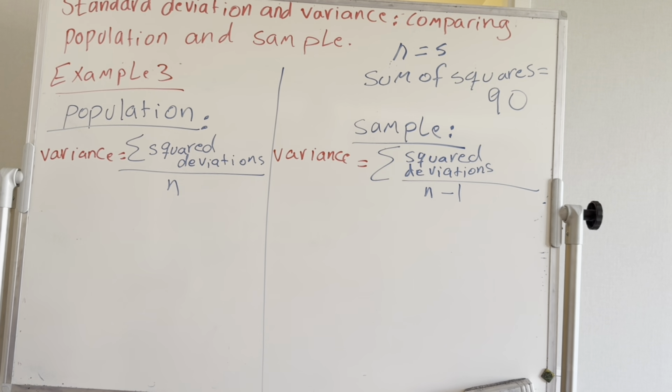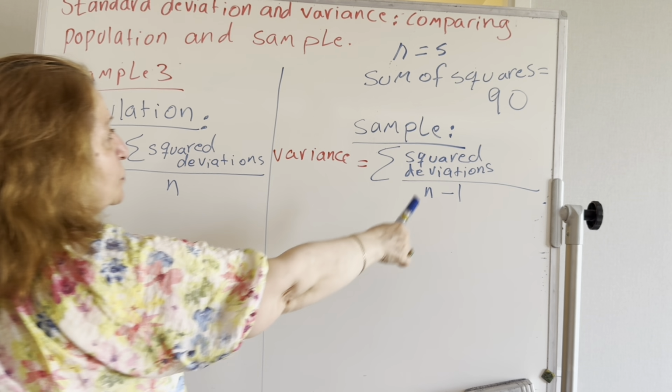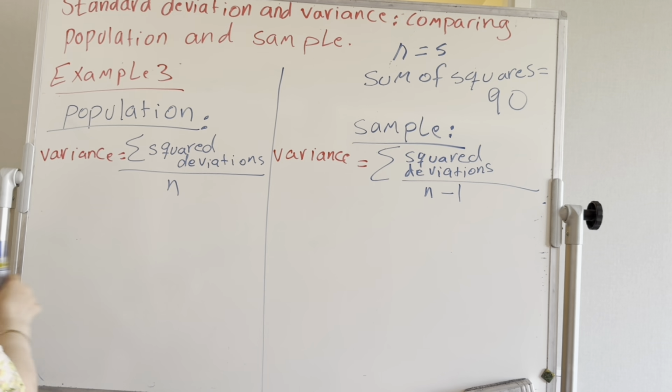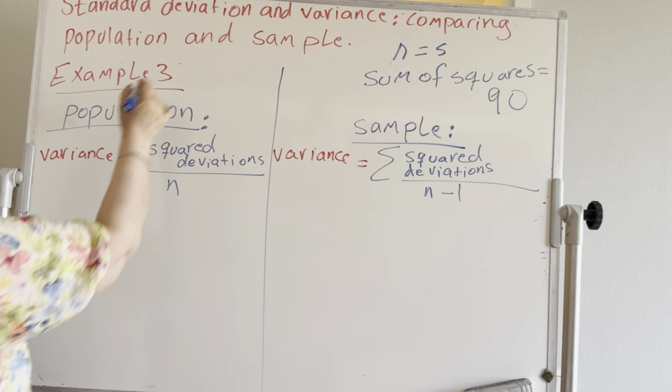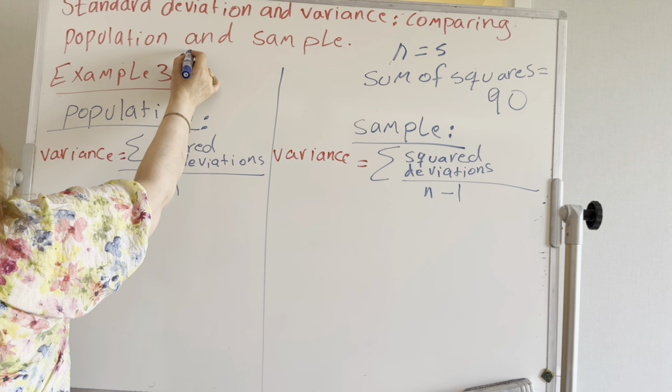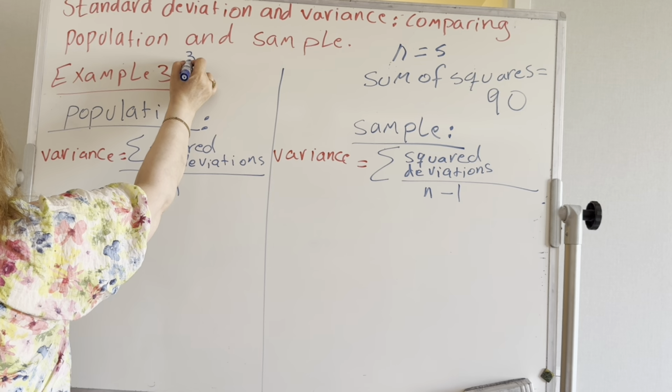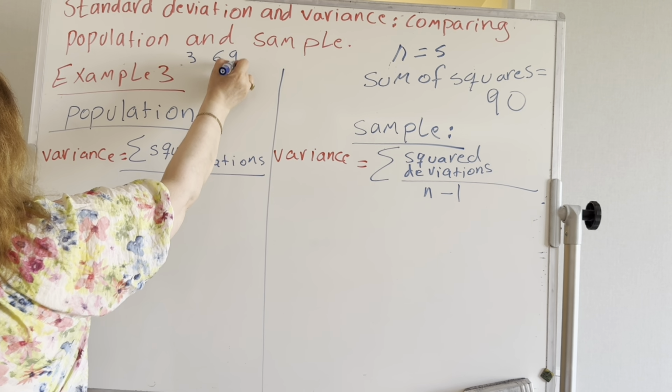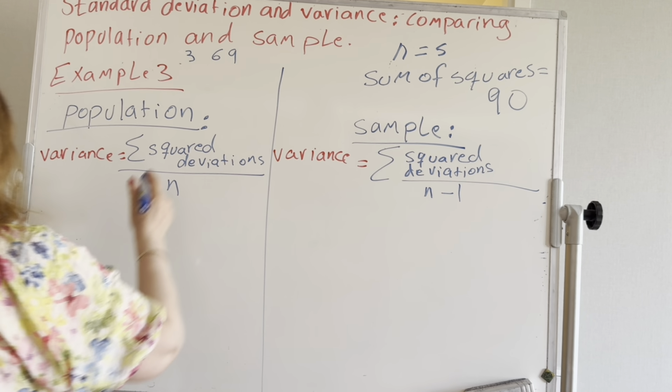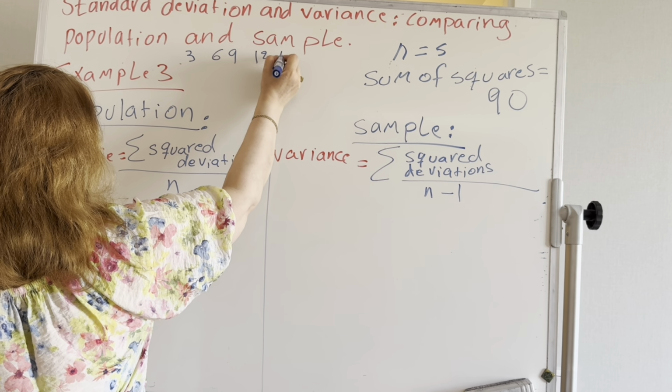When it's sample, we divide by n minus 1, and n equals 5. We have data 3, 6, 9, 12, and 15.